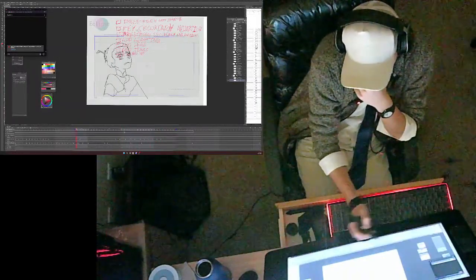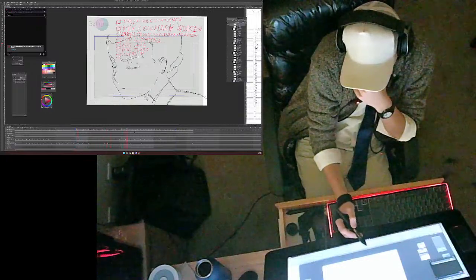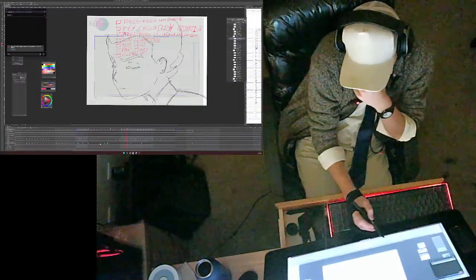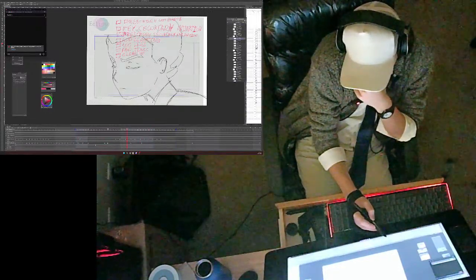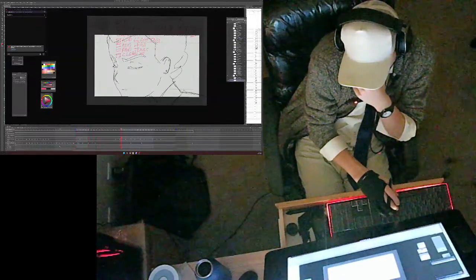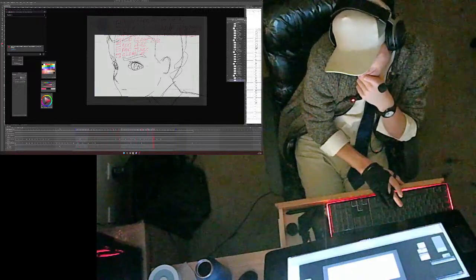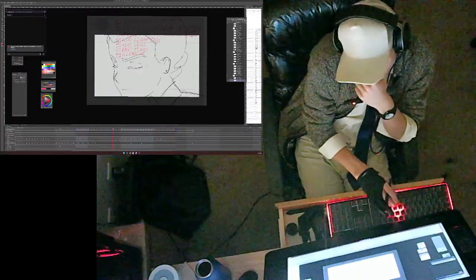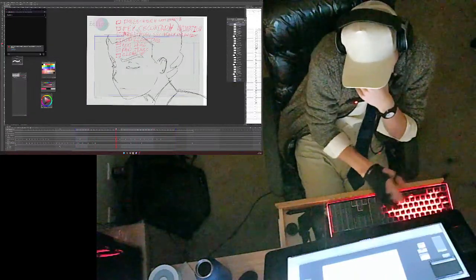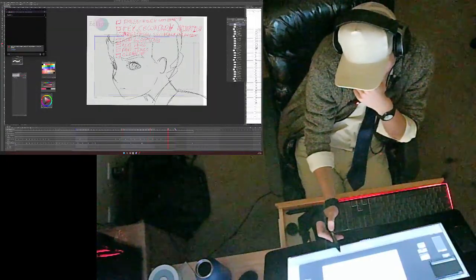And then move these guys in so that it's faster. Oh, that looks better. Oh, fuck. That does look better. I just wasted time drawing 3 in-betweens, bro.